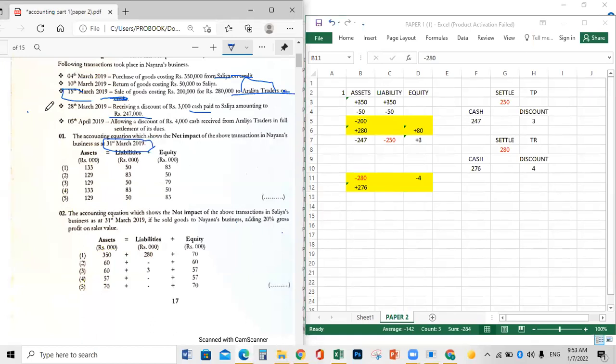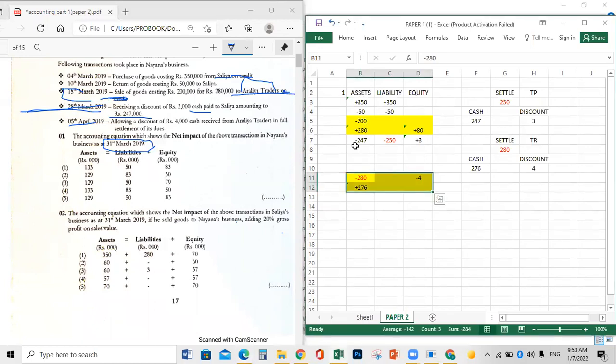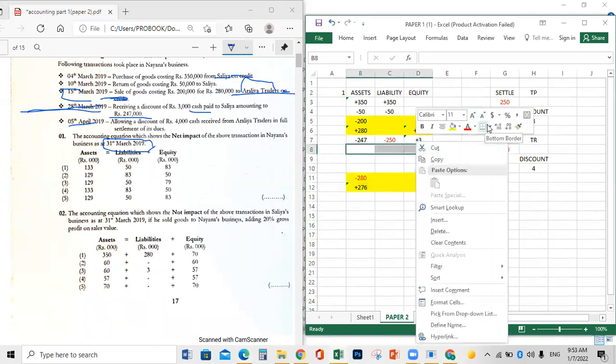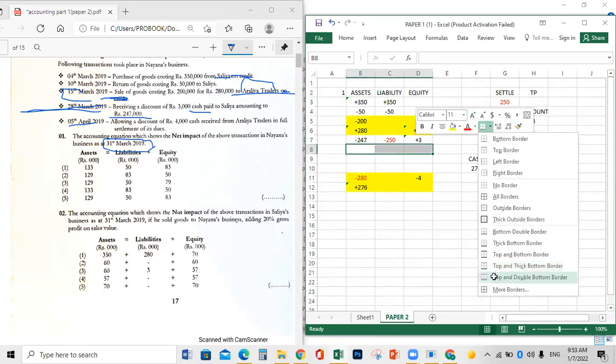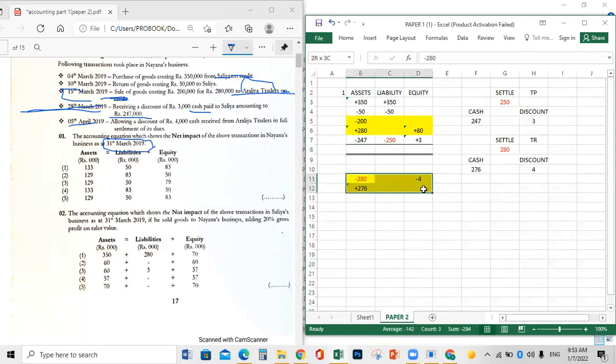It will stop here because this is 5th April. That means you can't include the last transaction. The students who gave the wrong answer to this question did so because they included the last transaction, which happened in April, but the question was 31st March.